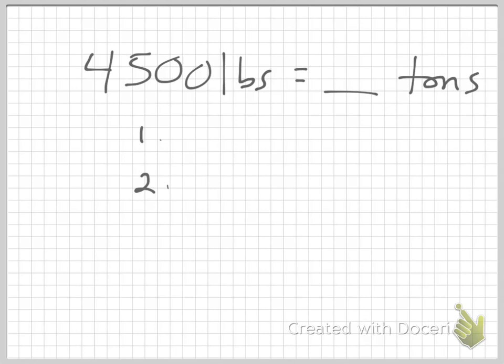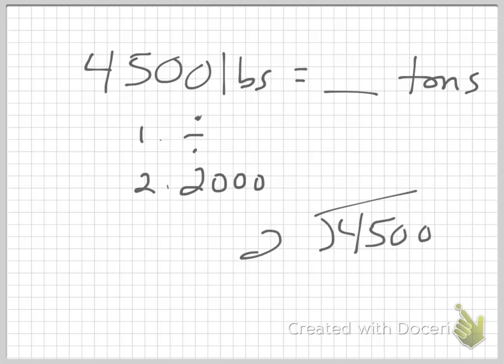I have pounds, and I want to know tons. I have something small, and I want to know something big. When your hands go from big to small, you make a multiply sign, and going small to big, it's divide. What is the relationship between pounds and tons, Joy? 2,000. The relationship between pounds and tons is 2,000. So I go 4,500 divided by 2,000.